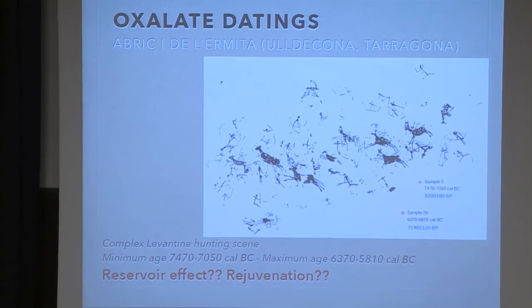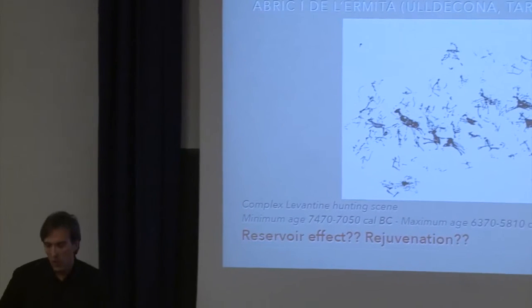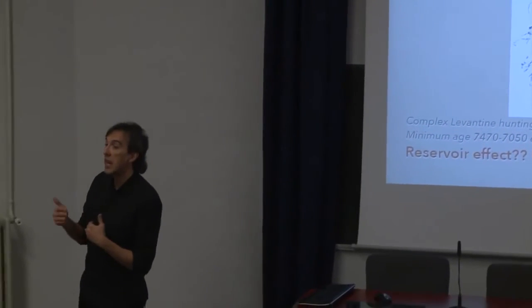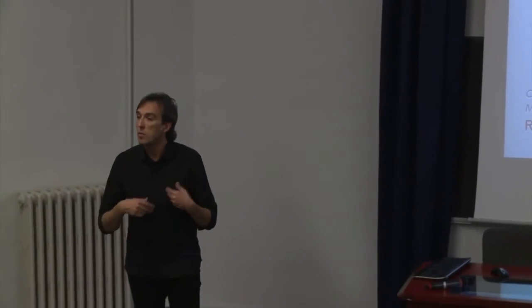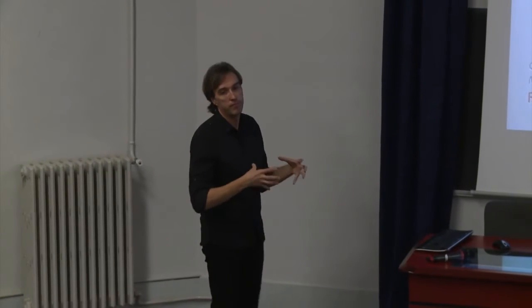The problem here is that this shelter has a calcareous substrate, so we have to be aware of the problem of the reservoir effect. We have to be aware of this, because the organisms that are excreting the oxalic acid could be feeding from the substrate.